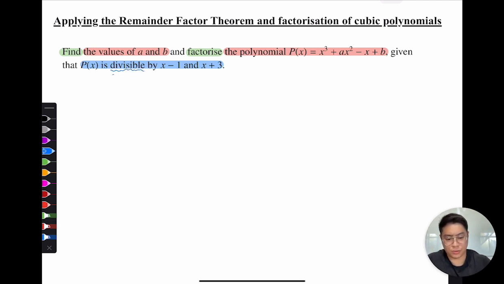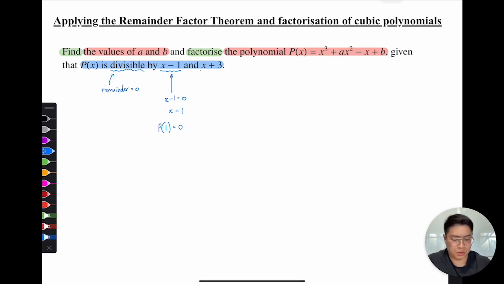If it's divisible, then this implies that the remainder is equal to 0. So for our factor here of x minus 1, if we want to figure out what we're substituting into p of x, it's x equals 1. So this means that p of 1 is equal to 0.